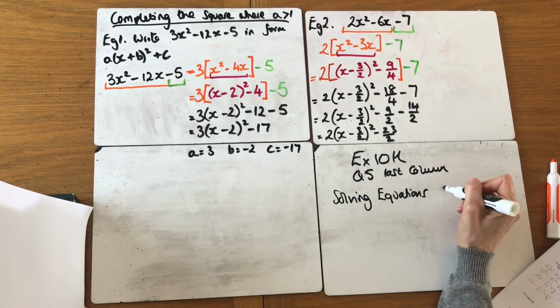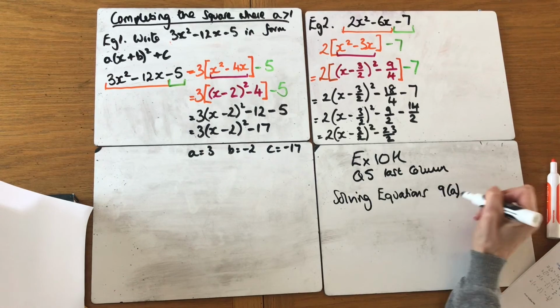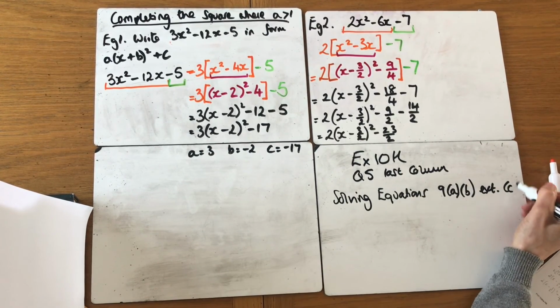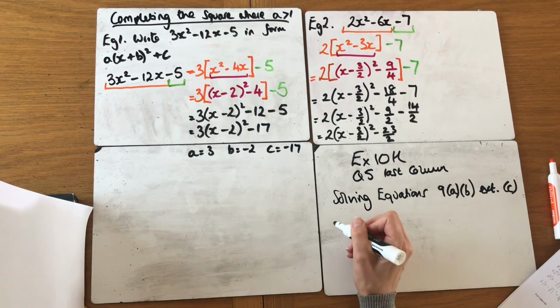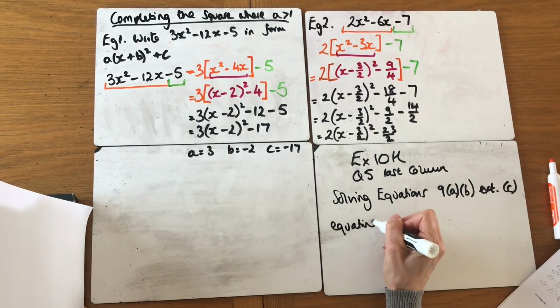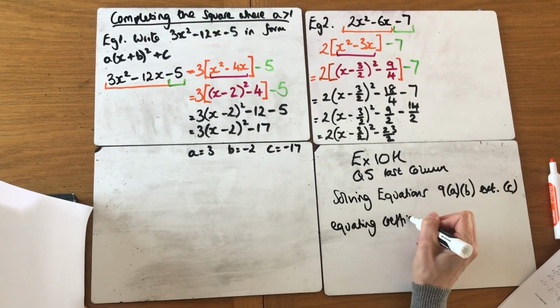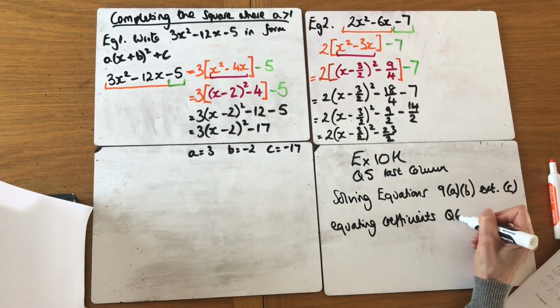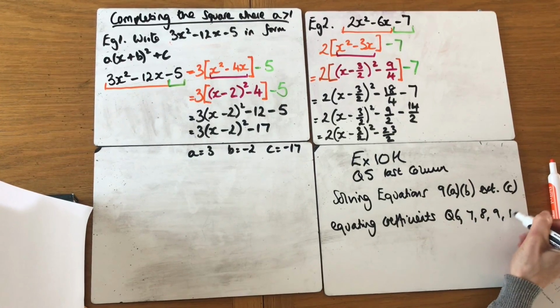So I want you to do question 9, part A and part B, and extension is part C, and then using equating coefficients, we're going to have a go at questions 6, 7, 8, 9 and 10.